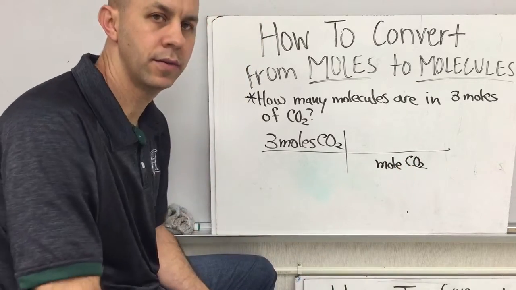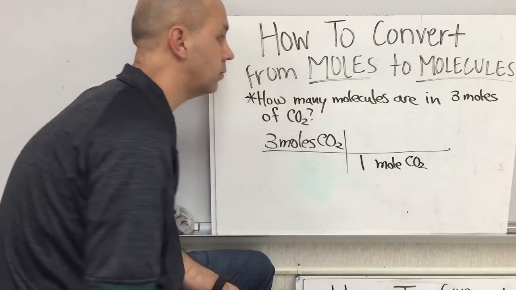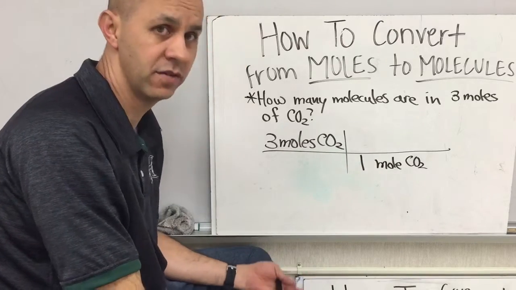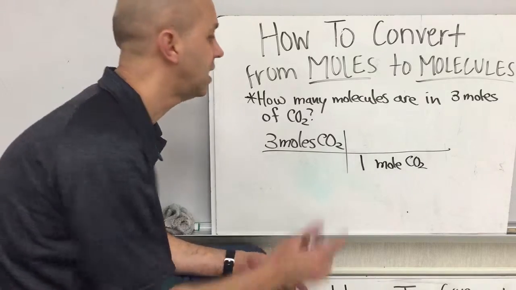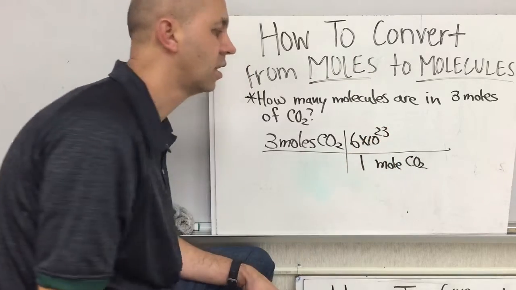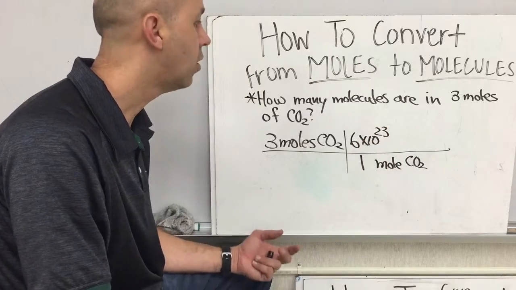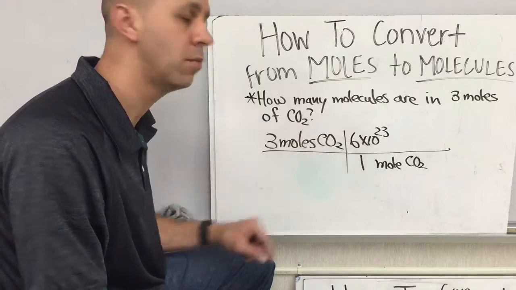And what do I know? Well, I learned a while ago that the definition of a mole is that 1 mole contains 6 times 10 to the 23 things. Now, what are the things that we're talking about? The things that we're talking about are molecules.